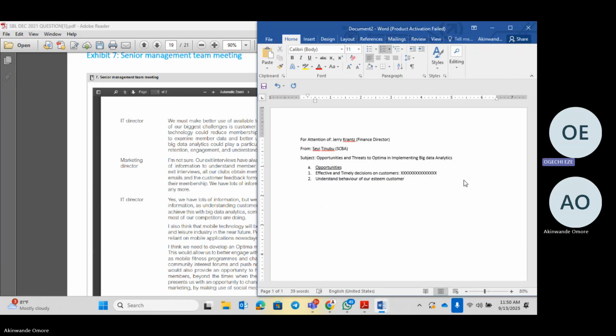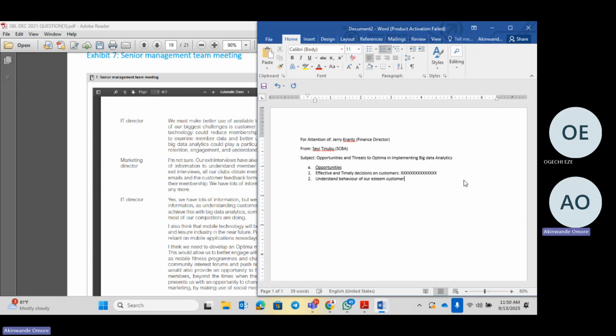But he is trying to say that they have been doing exit interviews without big data, and they have been understanding their customers with that. So will it be an opportunity for big data?